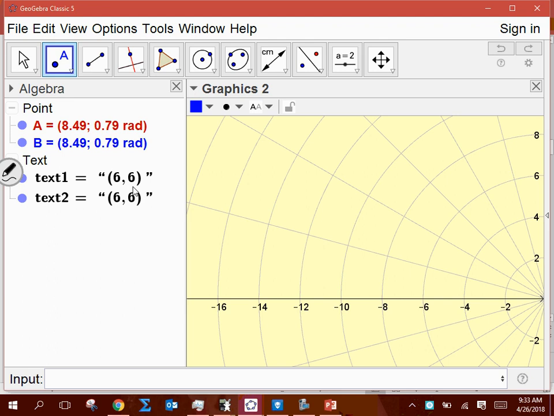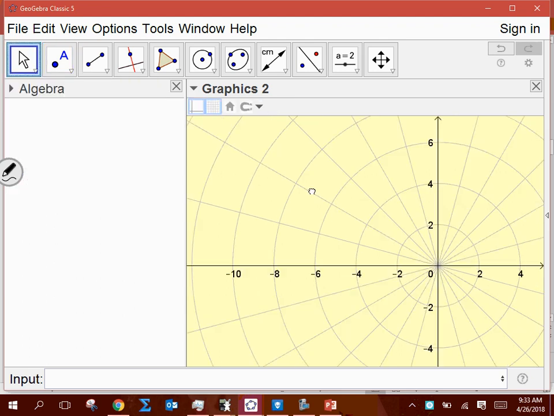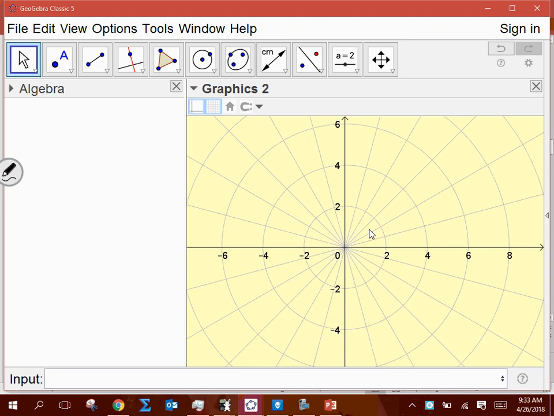Now, a lot of times, just like in the rectangular system, there's a lot of points that are not convenient in the rectangular system, right? There's a lot of rational values, irrational values, things that are kind of hard to plot. Might be the same situation in polar. We saw that with that first example.